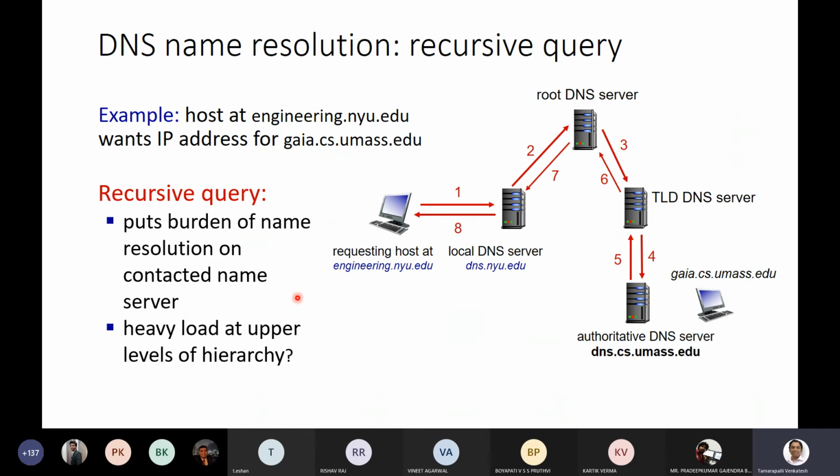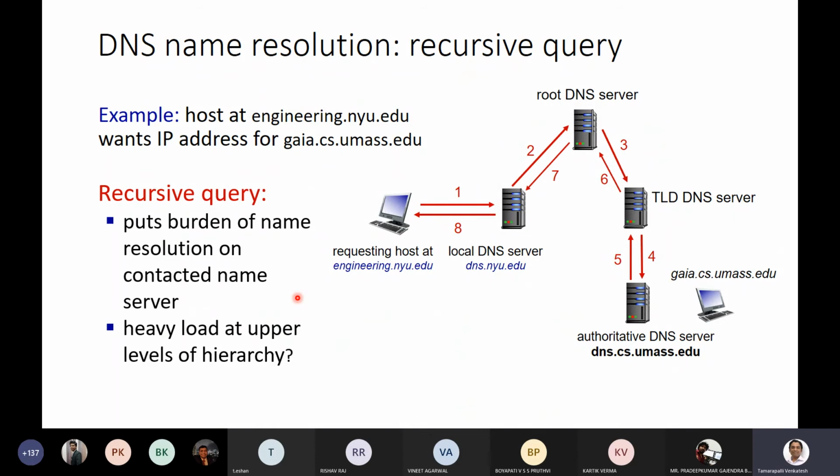So the difference is, as you can see, whether the individual sub levels, subdomains or hierarchical levels in the DNS system, are giving you partial responses, or whoever you have queried is going to give you the complete response after finding it out from the other levels. That is the difference between these two.